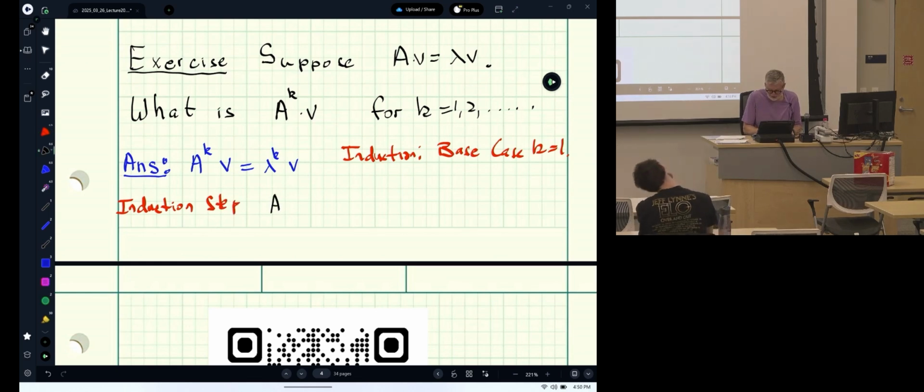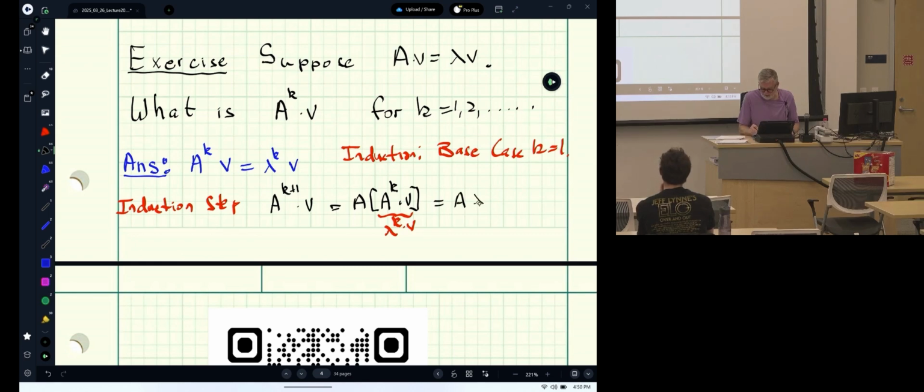A to the k plus 1 times v is A times A to the k times v. The induction says that's A times lambda to the k times v. So this is A lambda to the k times v.